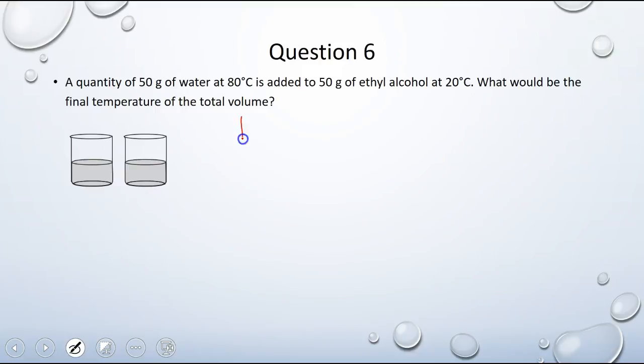Hopefully you have this down. Okay, so temperature initial. I'm going to put water and I'm going to put alcohol over here. The water is 80. The alcohol is 20. The temperature final is the same for both because we're mixing them together. The mass, we have 50 grams of water and 50 grams of ethyl alcohol.